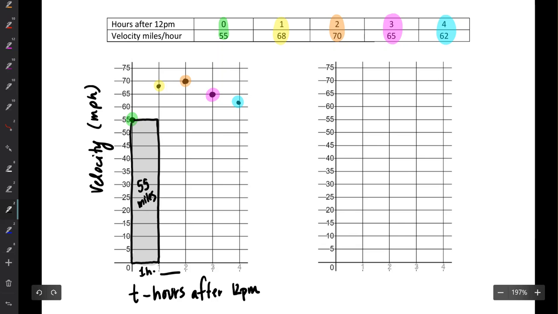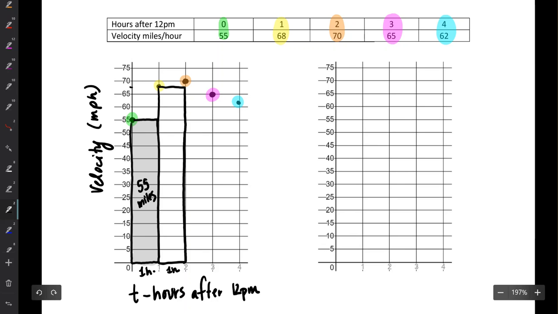Between 1 and 2, I have some options. What if we assume right at 1 o'clock you are going 68 miles an hour, right? So if this is at 68, if we just assume, okay, you're going 68 miles an hour at that constant rate for a full hour, you've, again, got your 1 hour now times the height here.